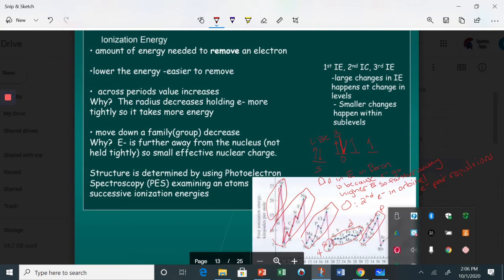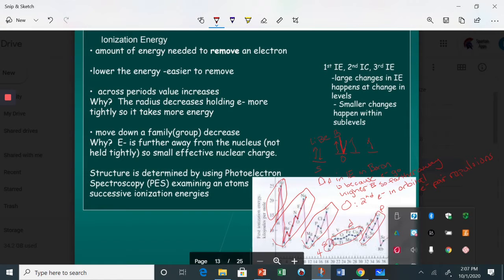But they'll ask you, why do you have a change in that trend? Why does it go opposite the trend? And that's because now you have two electrons in the same orbital, and you now get negative and negative, and they're repelling each other. So there's a force pushing them apart, and once you hit them with ionization energy, it makes it just a little bit easier to get that electron out of there. Okay? So that is going across a row.